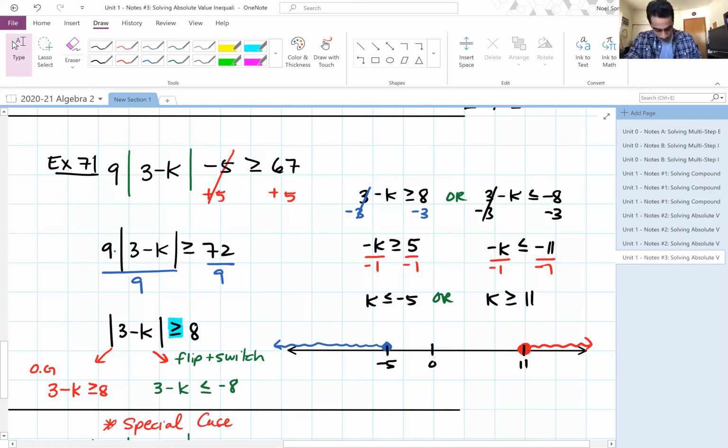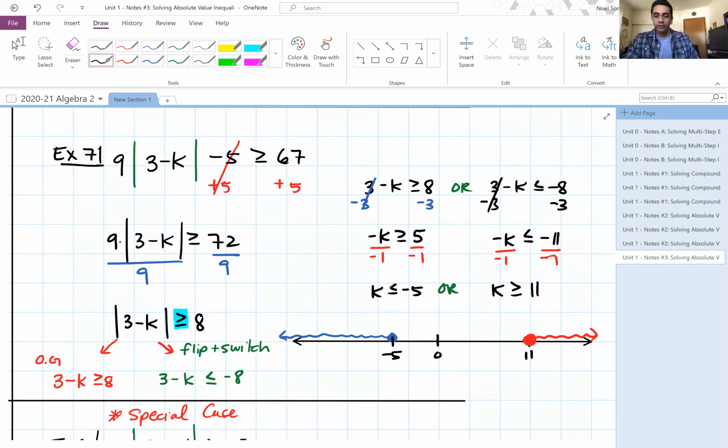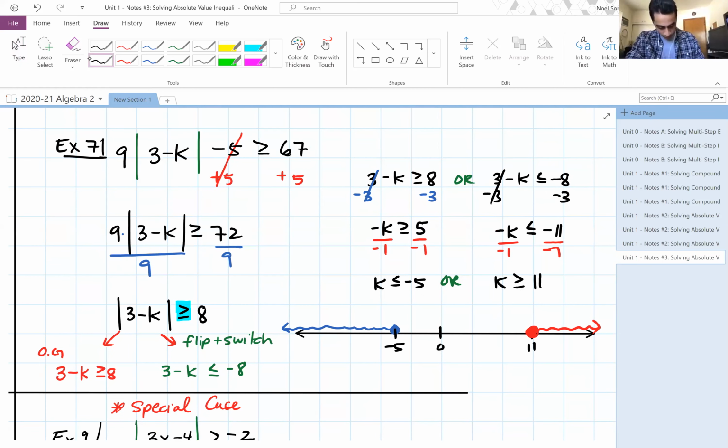Okay. Once again, we have the or. Do we need to find the intersection? No, right? We are okay with a graph that looks like this. So let's go ahead and just turn it into the interval notation. This comes from negative infinity. So we have negative infinity to negative 5, parenthesis around infinity, bracket around negative 5, a union.